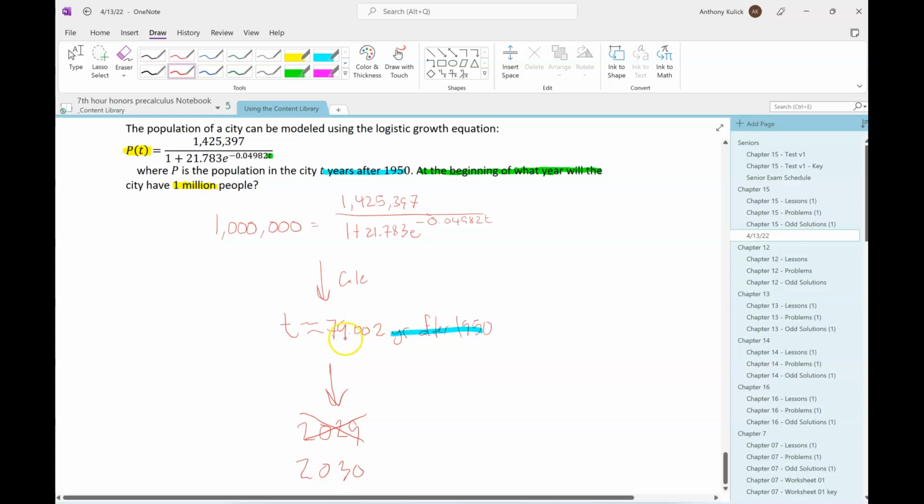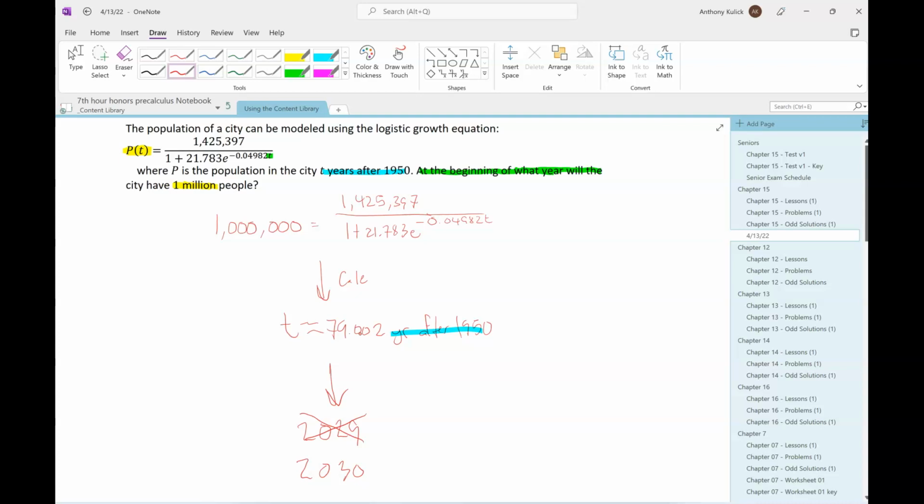Because at the beginning of 2029, you're not going to be at 1 million people. You're going to be just shy of 1 million people. The first year at January 1, midnight, that you're going to be at 1 million people is in 2030. Somebody last hour said that the 0.02 or whatever there would be 5 o'clock on the first day of 2029.